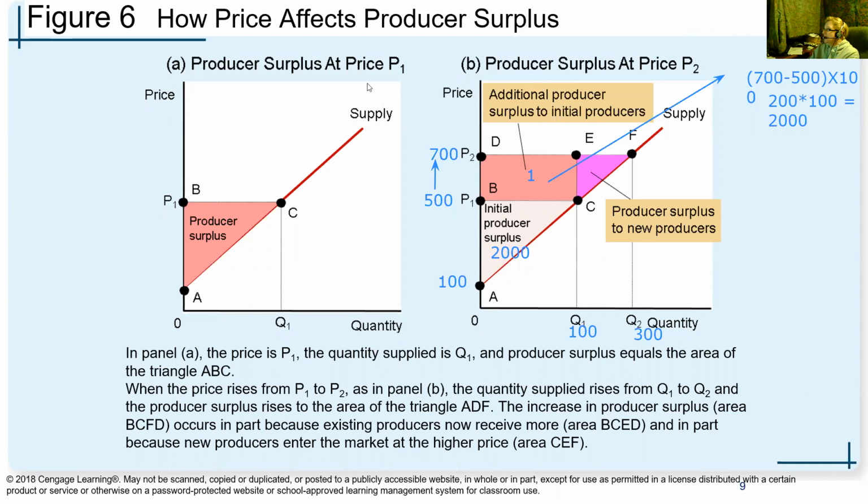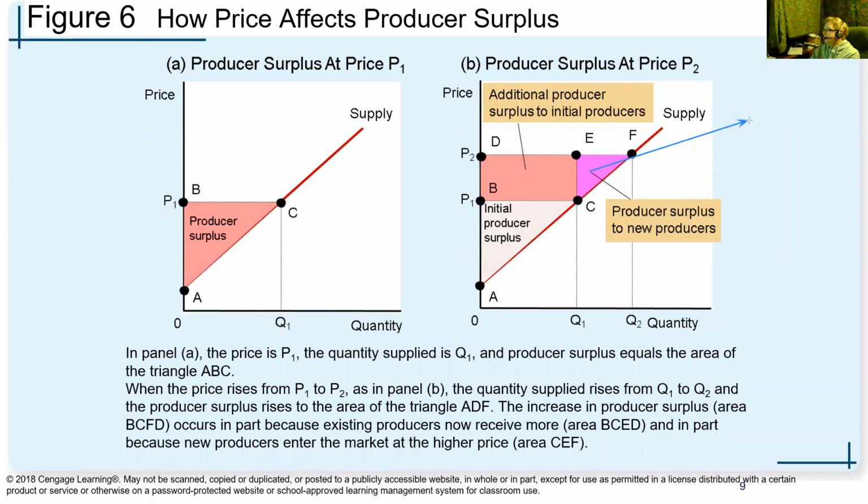Okay. All right. So let me go ahead and clear that. The other thing that you'll be asked to calculate is, since the price increase, how many producers came into the market, and then what is their producer surplus? So that's pretty easy. Again, kind of looking at the numbers that I used before. Let me go ahead and put those back in.